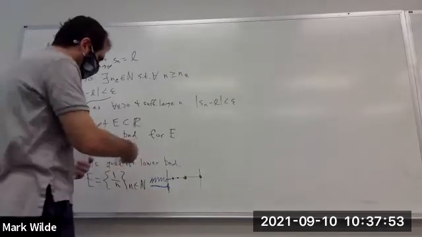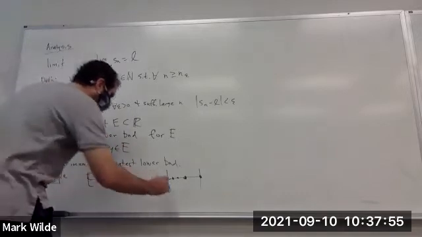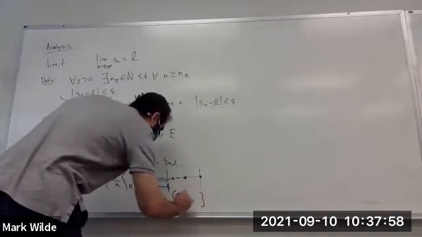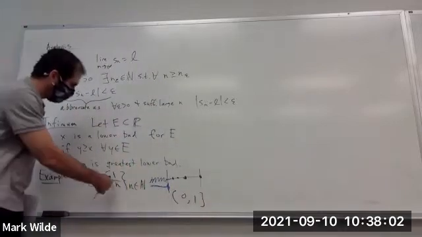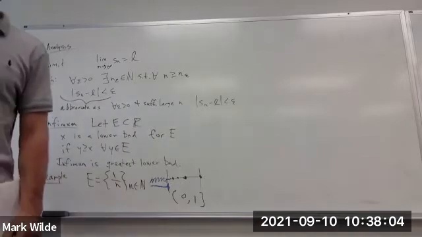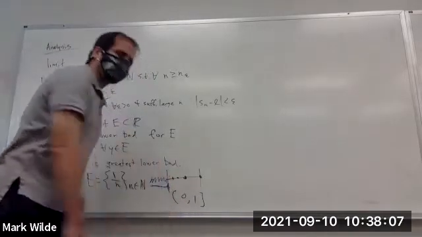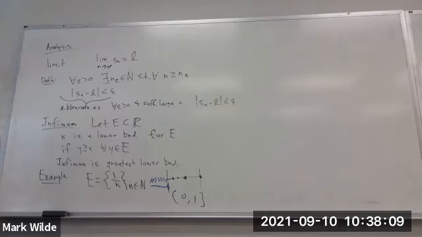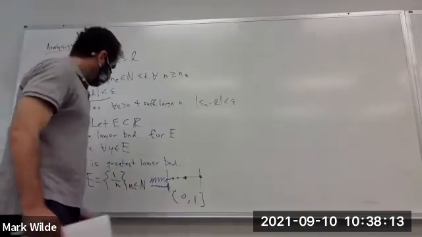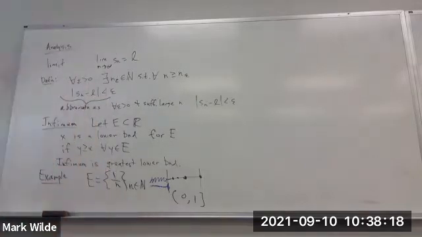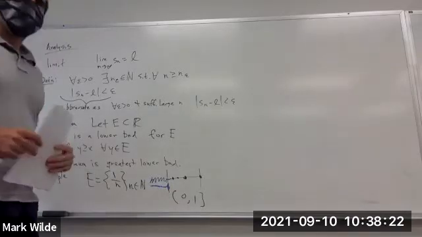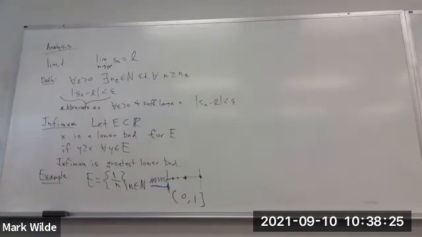What's going on here is that this is like an open set, right? Not quite that because it doesn't include all the real numbers. But this is also an example of a set for which the infimum is 0. Right? Okay, so it's worthwhile to mention that. The flip of this is the supremum. The supremum is the least upper bound of a set.